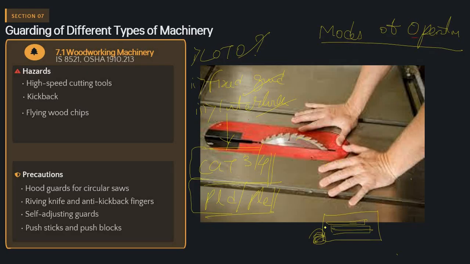That is one. The second thing is that the interlock performance is not to such an extent. If you know about category 3, 4, PLD or PLE, you get an idea.